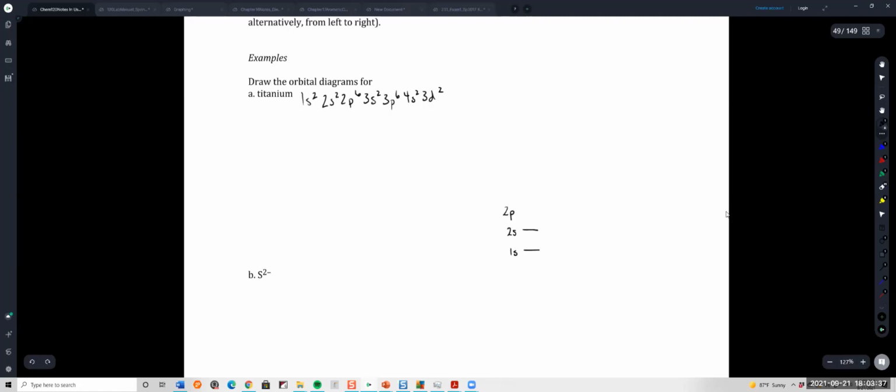P's always come in sets of 3 orbitals. 3s, s's always come in sets of 1. Yeah, 2 electrons, but 1 orbital. Okay. 3p, always come in sets of 3 orbitals.